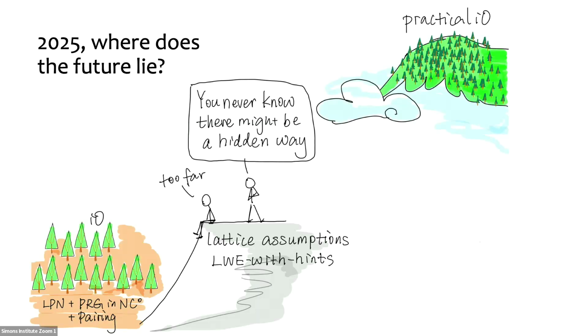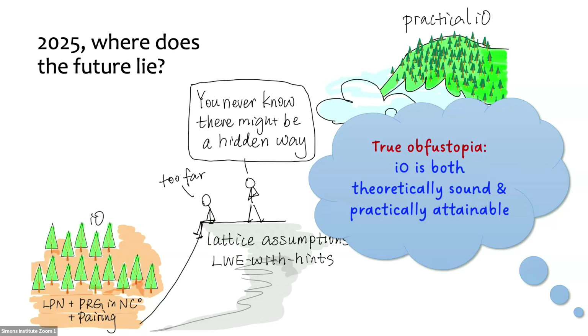Okay, so here's where we are in 2025: we have made some progress. We have constructions based on good assumptions. We are exploring lattice-based assumptions using LWE with hints. And we don't know where the future lies.